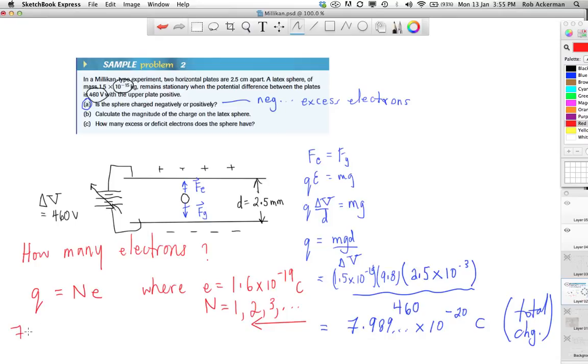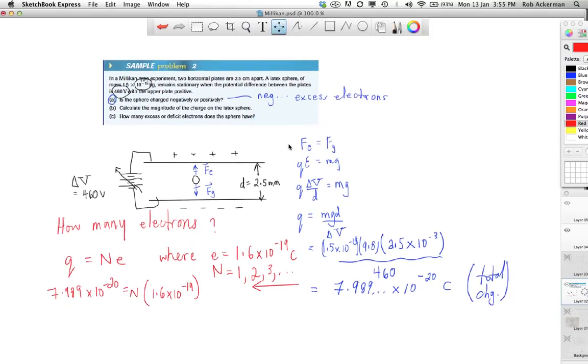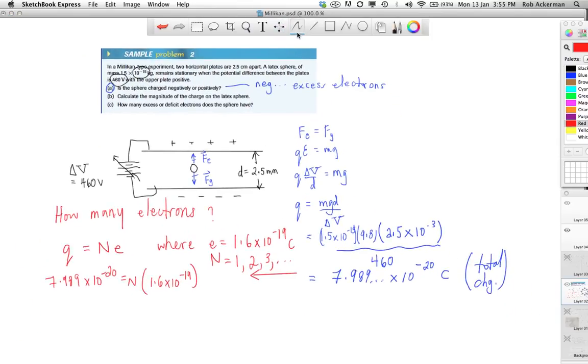I would punch in 7.989 times 10 to the negative 20 is equal to n times 1.6 by 10 to the negative 19. And I'm going to need more space here just to finish off. What would I get if I did this calculation? 1.6 by 10 to the negative 19, and I get this number. N equals 0.499, or 0.5.